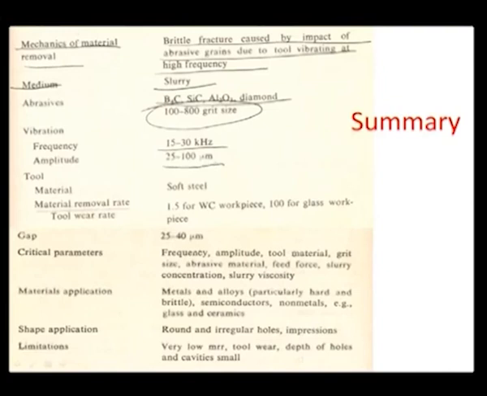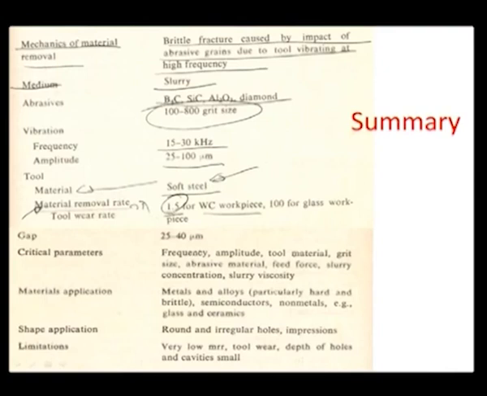Tool can be made of a soft material like soft steel, which is much better than other soft materials like aluminum or copper, as we have seen before. And the material removal rate to the tool wear rate, particularly for, let us say, a tungsten carbide workpiece, if you are using soft steel as the tool material, this is the lambda, the ratio.